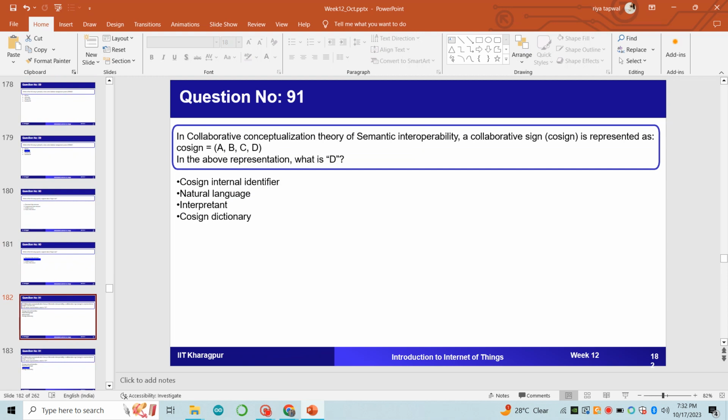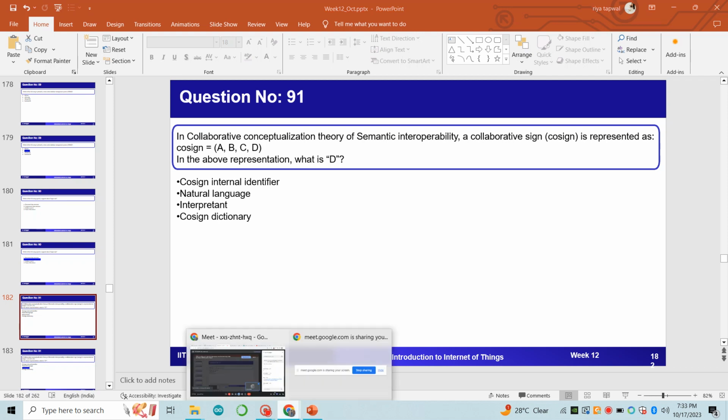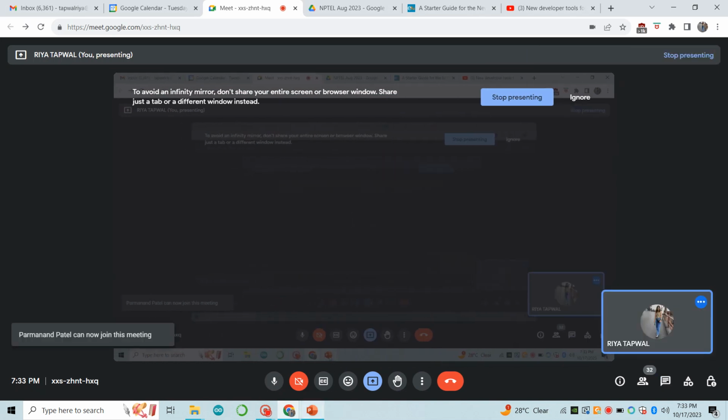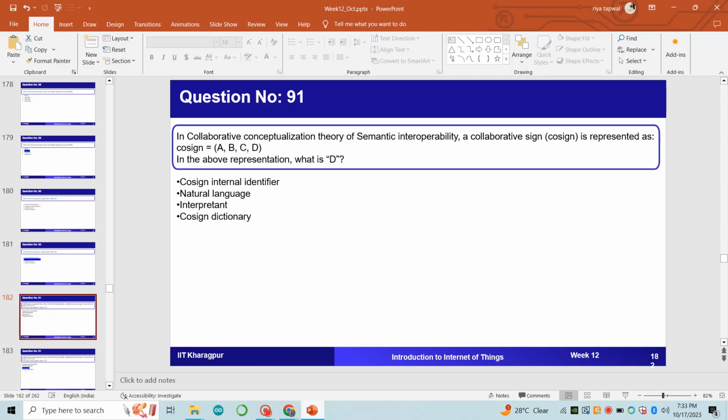Next question is, in collaborative conceptualization theory of semantic interoperability, a collaborative sign is represented as cosine ABCD. In the above representation, what is D? Options are cosine internal identifier, natural language, interpretant, cosine dictionary. Anyone?